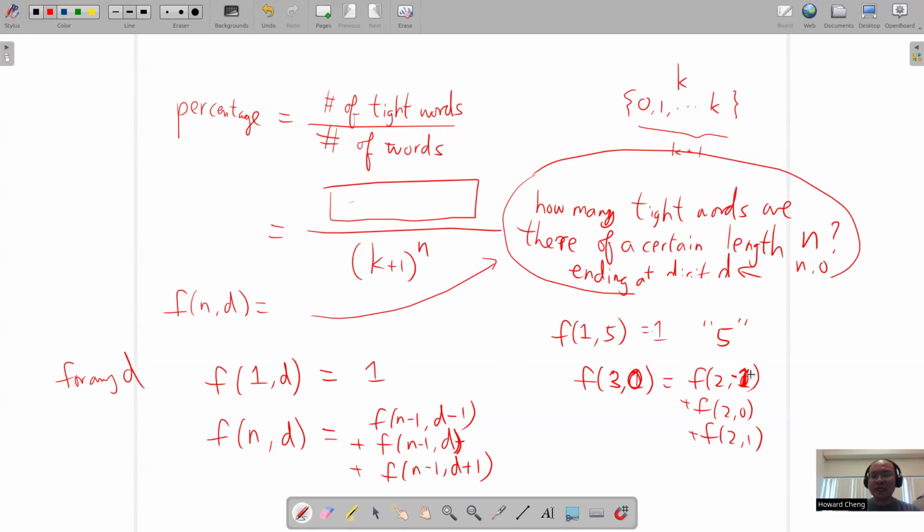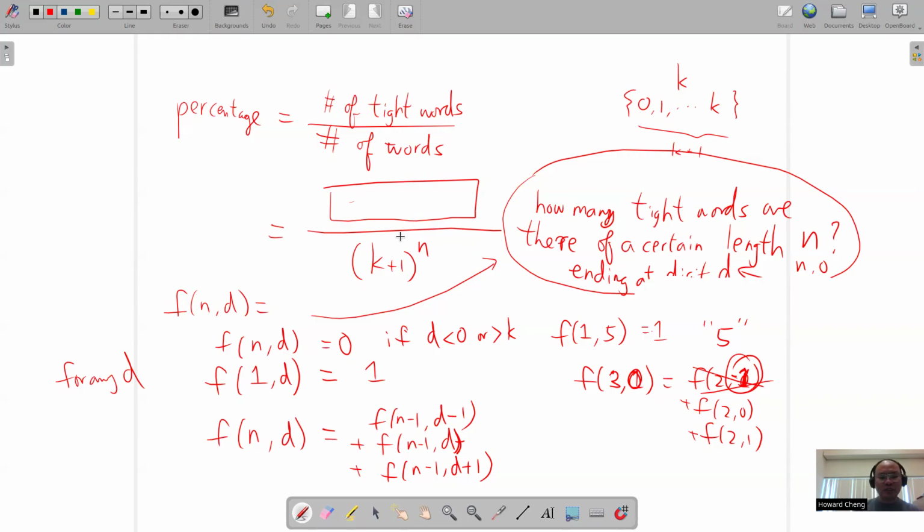Well, you can either say that if the d is out of bound, then it's automatically 0, or you can just not include a sum. So you can say f of anything, d, is 0 if d is less than 0 or greater than k. So that's another way you can do this.